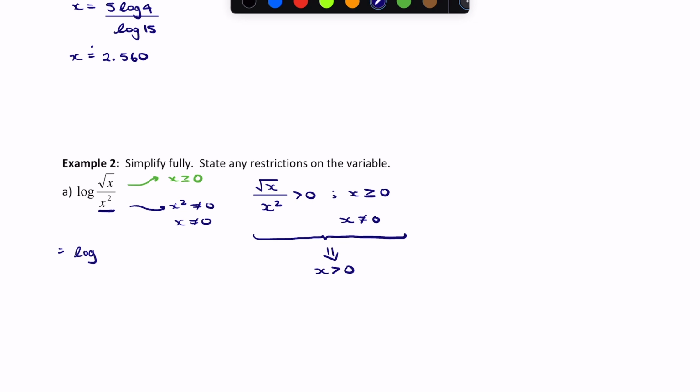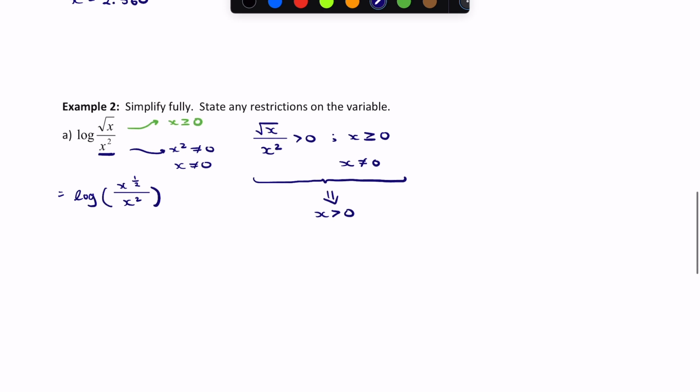So if we simplify this, we have log, and if we rewrite this, it's x to the power of 1 over 2 divided by x to the power of 2. You can rewrite this as log x to the power of negative 3 over 2.